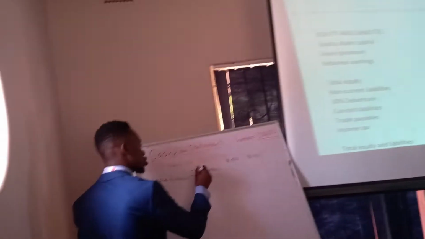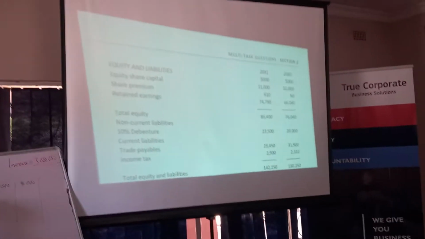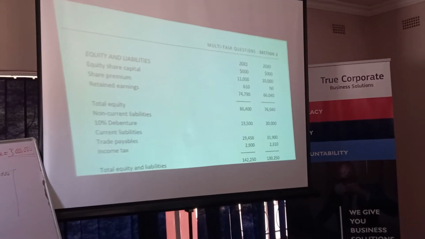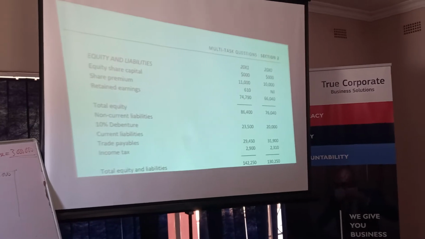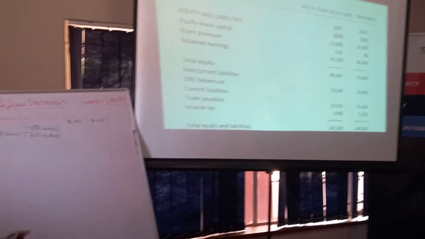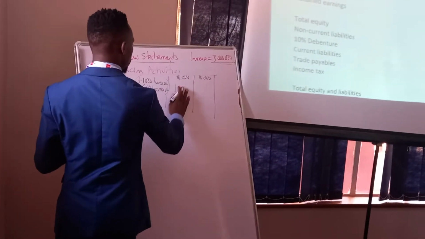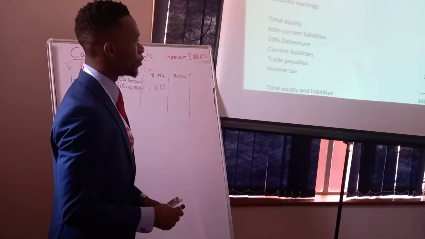Share premium is also increased by what? 16. So you'll be given the word issue of shares, and just know it's a combination of two things. If the share premium doesn't increase, you deduct. You understand? If it's increased, you add. So the total, that will be 116. Right? And what about the retained earnings?